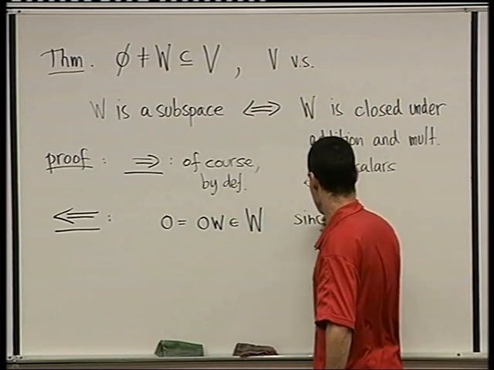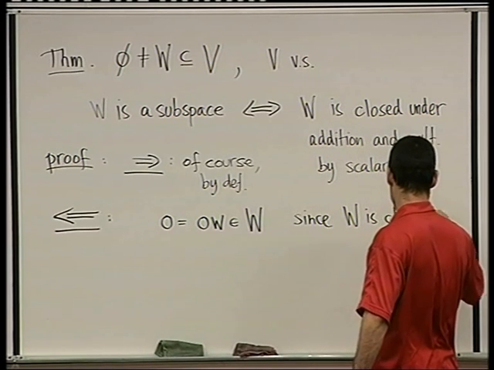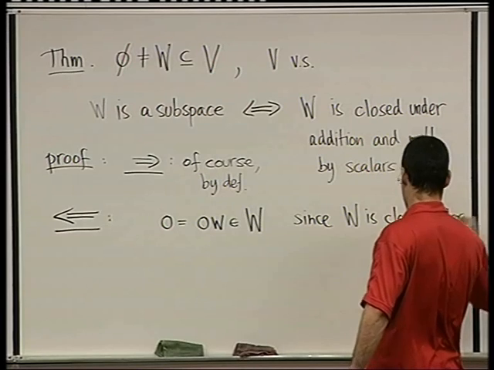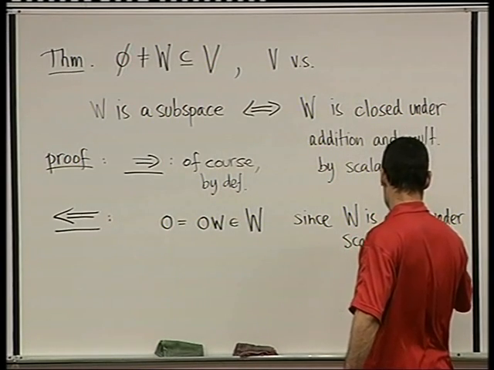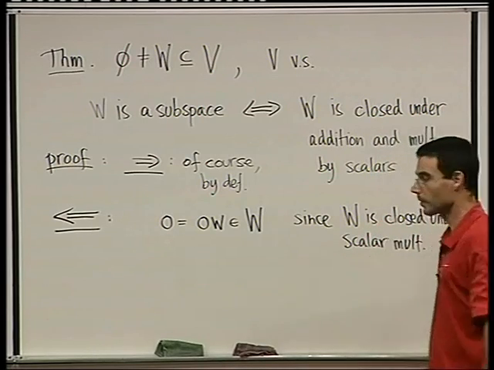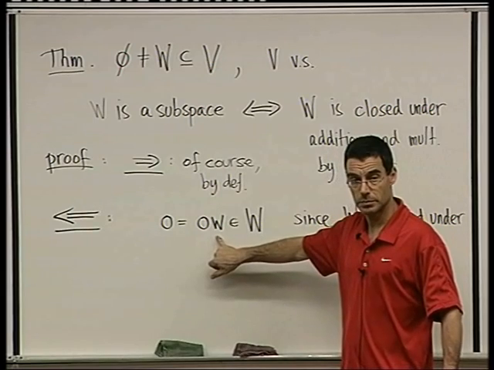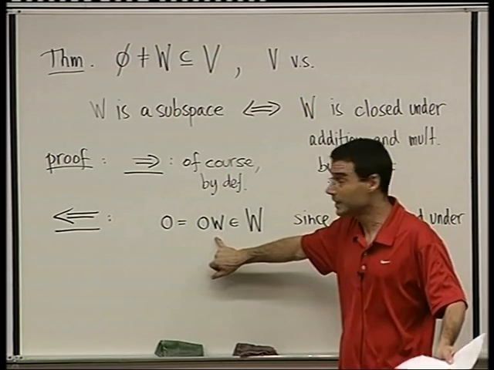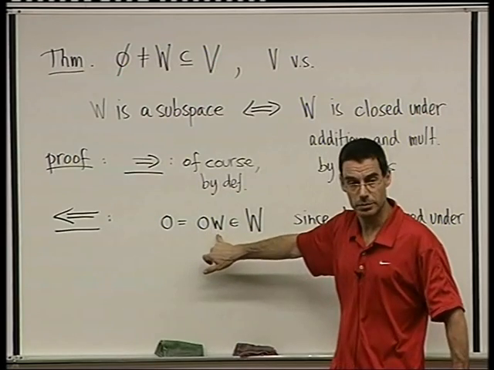Since W is closed under scalar multiplication. Once again, you take an element w in W, any element you want. There is one at least because it's not empty. You multiply it by the scalar 0.